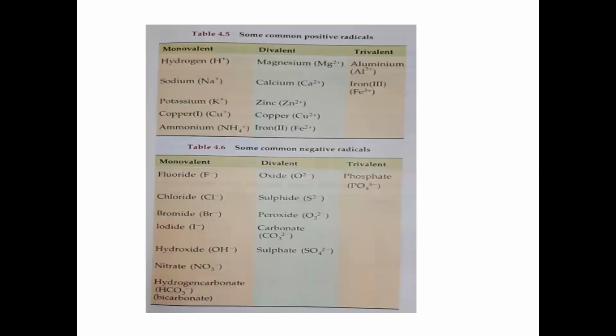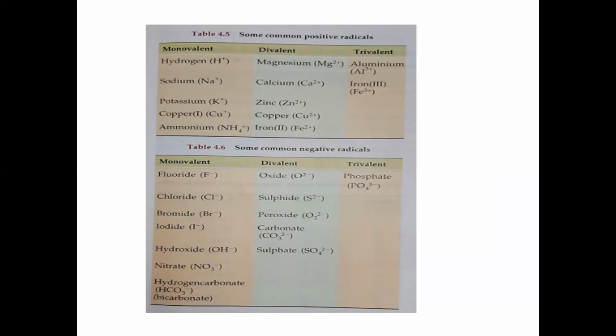Now next, this is the table of some common positive radicals and some common negative radicals. Some are monovalent, divalent and trivalent. So monovalent positive radicals we will read.